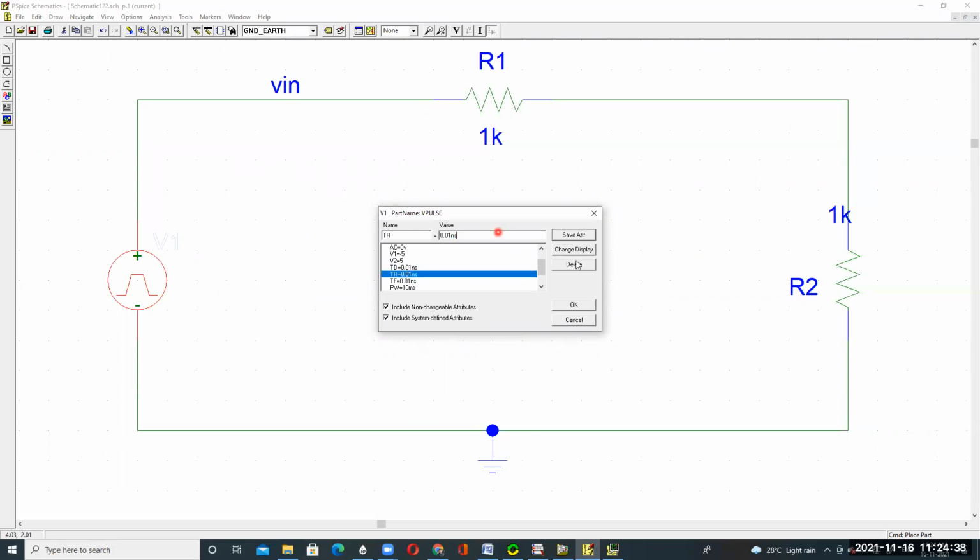Rise time is 10 milliseconds, fall time is also 10 milliseconds, and the pulse width must be small, same as the delay time, 0.01 nanoseconds.